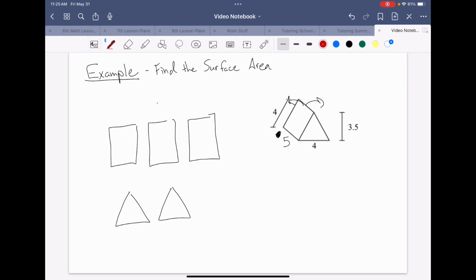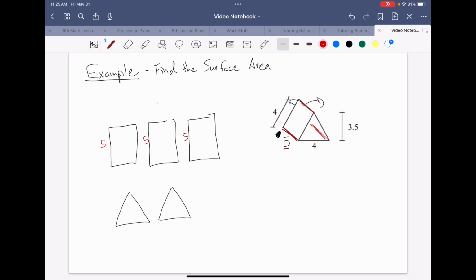So I see we have a 5 here. This 5 happens here, here, and then we can't see it, but also back there. So that's going to be the height, if you will, for my 3 rectangles. It's 5.